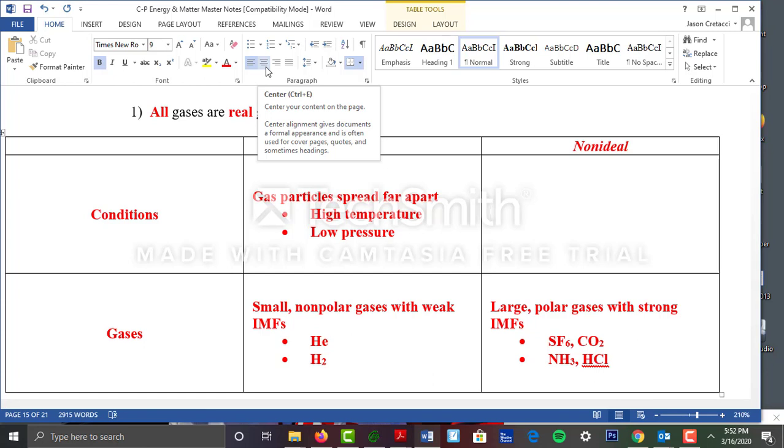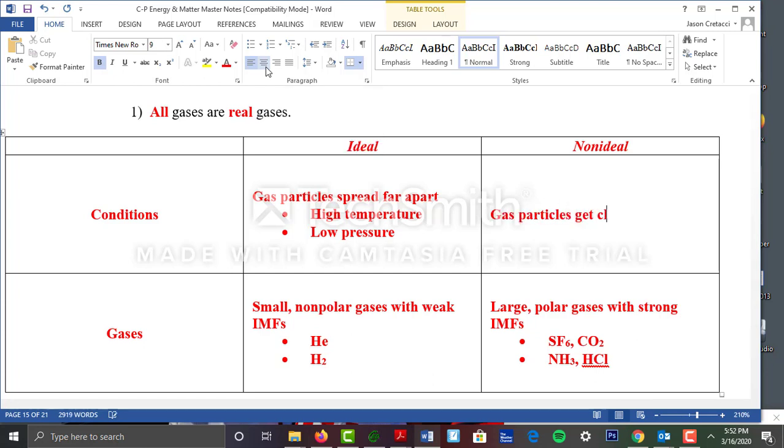Now, when the gas particles get close to one another, they stop behaving ideally, and then they get real. So we're talking low temperature. That's when they're going to liquefy.